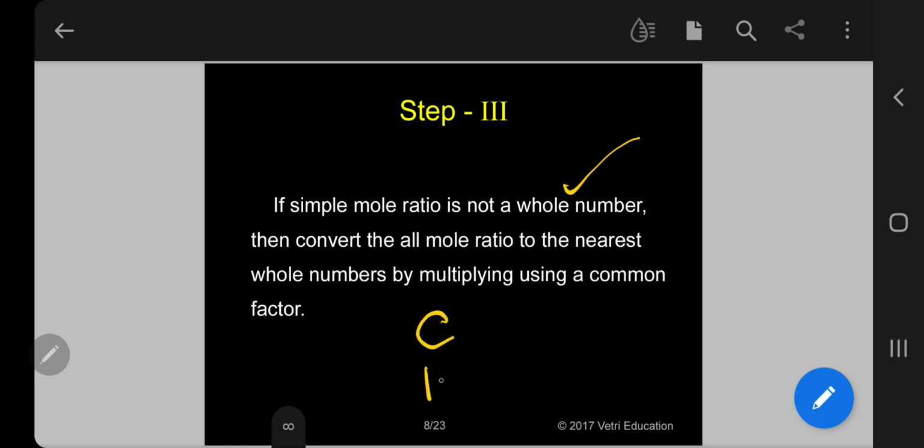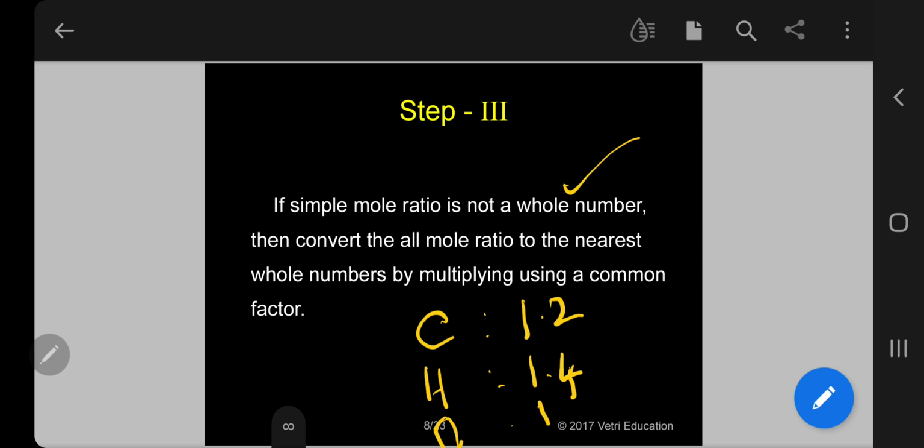Let me say carbon, hydrogen, and oxygen. Let us assume we have the percentages and we are dividing by the atomic weight. Then we get some values. Dividing all three by the least value, finally we get, let me say, 1.2 for carbon, 1.4 for hydrogen, and 1 for oxygen. So the simple mole ratio is not a whole number, except oxygen.